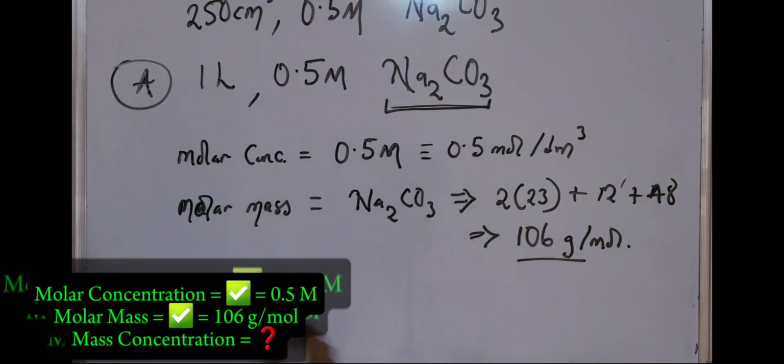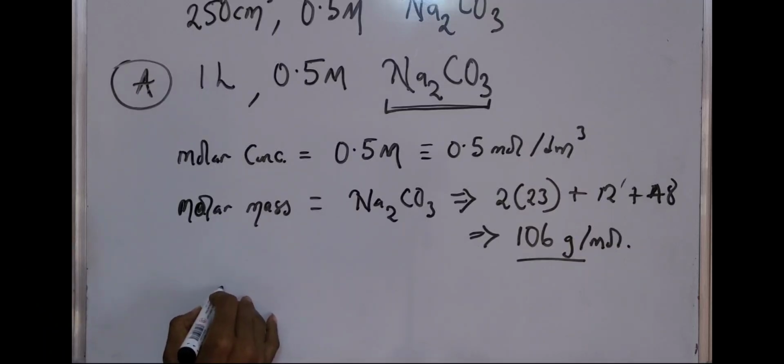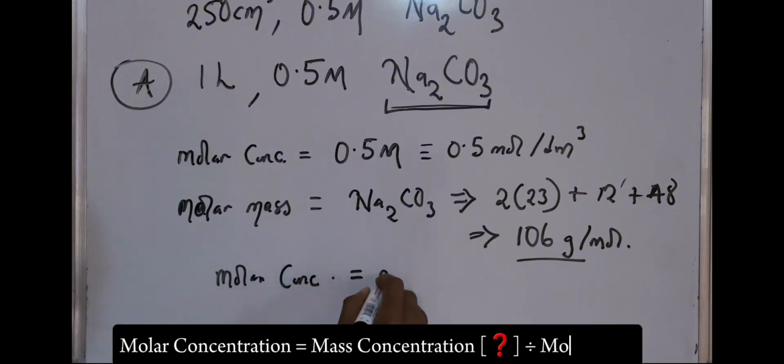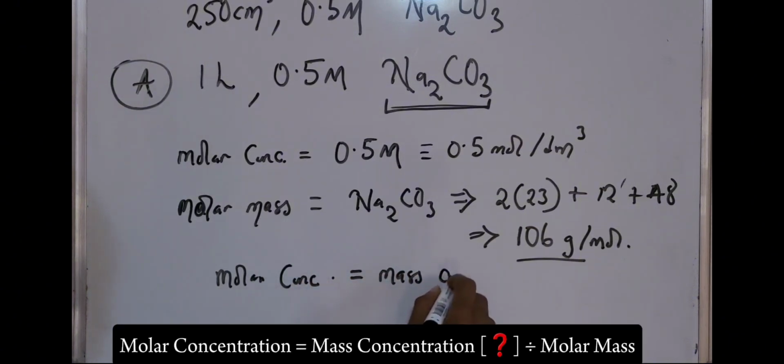For you to know how much to weigh, you make use of the formula that says molar concentration equals mass concentration divided by molar mass.